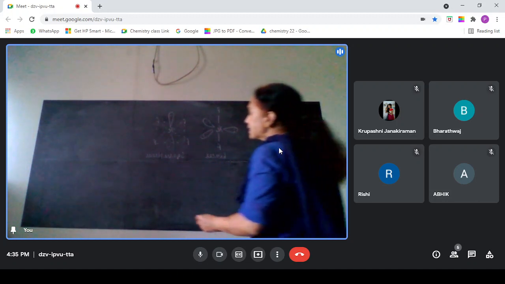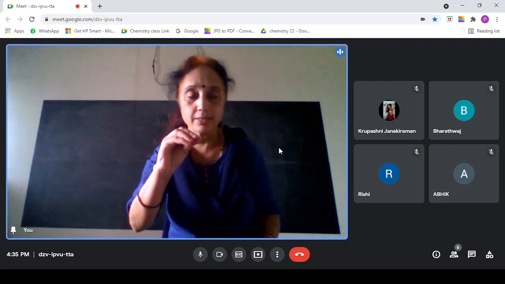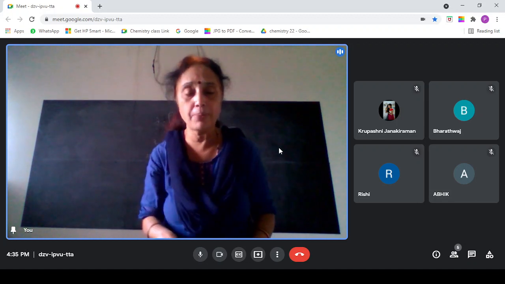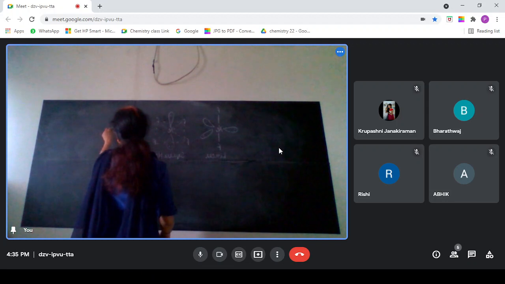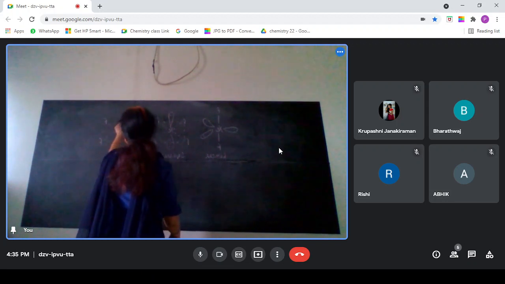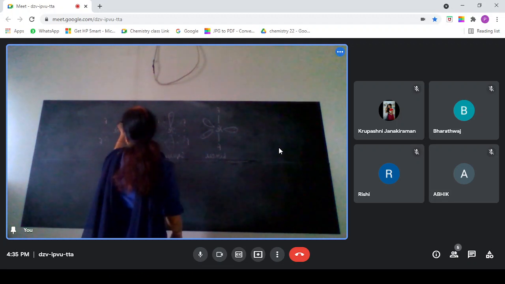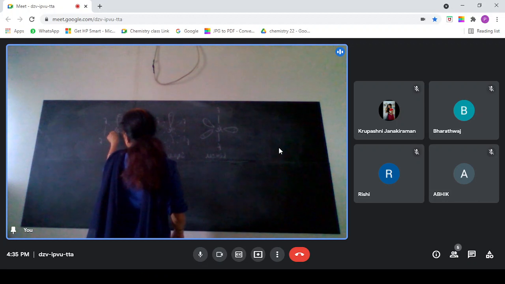Then XeF6. XeF6 has got 5 pairs, I mean 5 plus 2, 7 pairs. 7 pairs means pentagonal bipyramidal. But expected is, see how it is written for XeF6, fluorine, like this you write. Then you have 1 lone pair here. So it should have been straight.